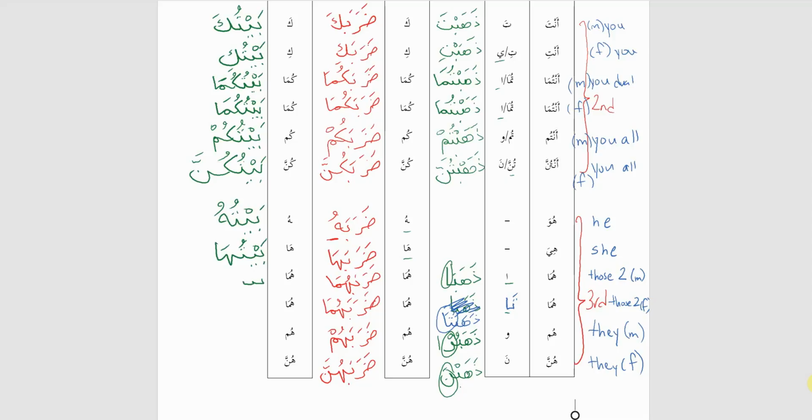And then their two houses, baytuhuma, بيتهما, the same thing again. Then their house, بيتهم, and then their house but feminine, بيتهن.